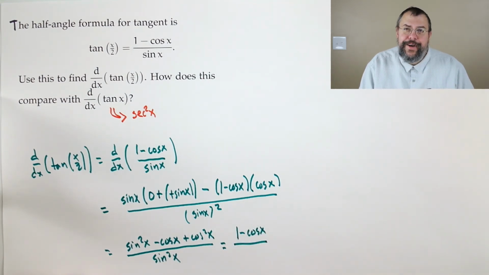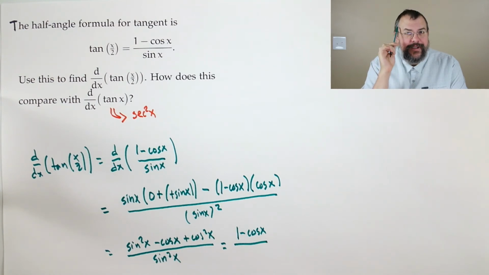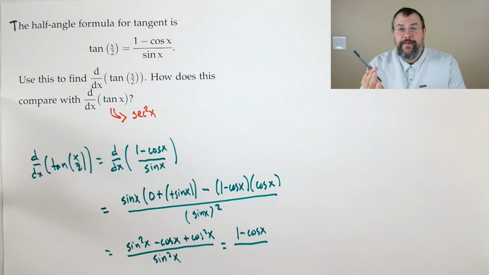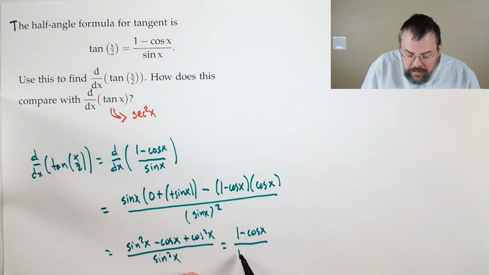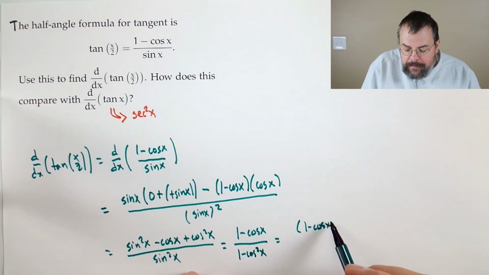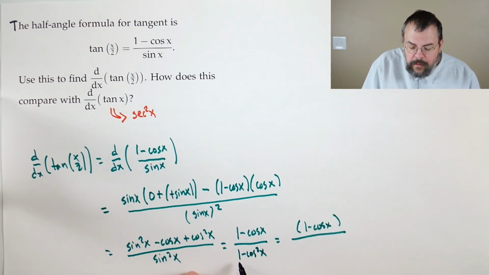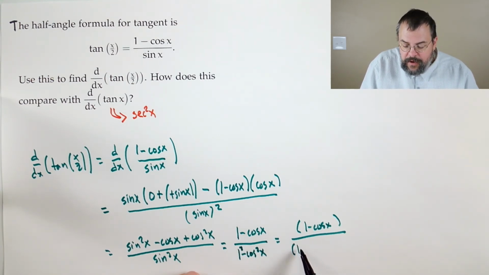Now, oftentimes when I see 1 minus cosine x, in the back of my head, 1 minus cosine squared is really convenient. And sine squared of x turns out is equal to 1 minus cosine squared. It's one of our nice identities. So I'm going to replace the sine squared by 1 minus cosine squared. Now, why do I say it's nice? Because I can write the top 1 minus cosine, and the bottom, this 1 is really 1 squared. So it's a difference of squares. So it's 1 minus cosine, 1 plus cosine.